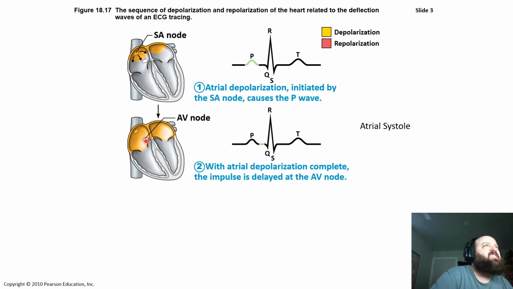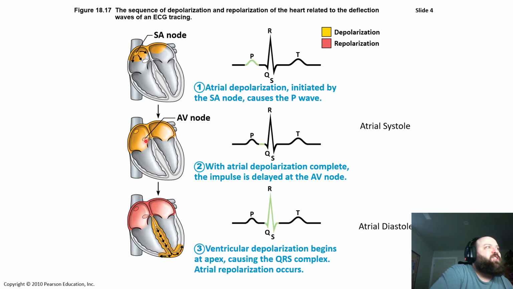Again, that's going to slow down the propagation of the waves through the ventricle. Ventricular depolarization then begins, so you can see the action potentials moving down through the bundle of His and then the bundle branches, and then they're just starting to make their way up through the Purkinje fibers. This is causing the QRS complex, so now you see the big ventricular depolarization taking place.